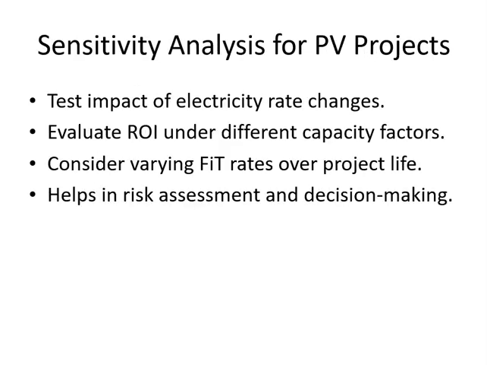We use sensitivity analysis to test how the ROI changes with different conditions, like higher or lower electricity prices and other factors. This helps us observe the project's risk profile and prepare for changes.